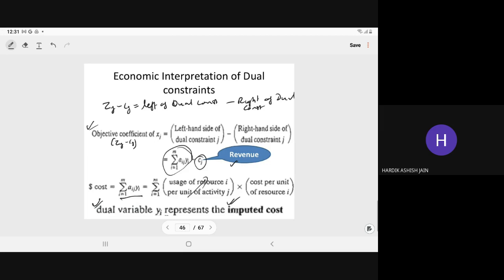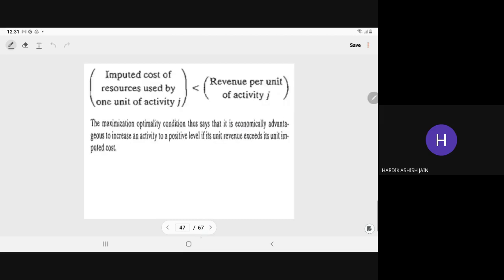Clear? The imputed cost of the resources used by one unit of activity j, that is aij, is less than the revenue per unit of activity j.